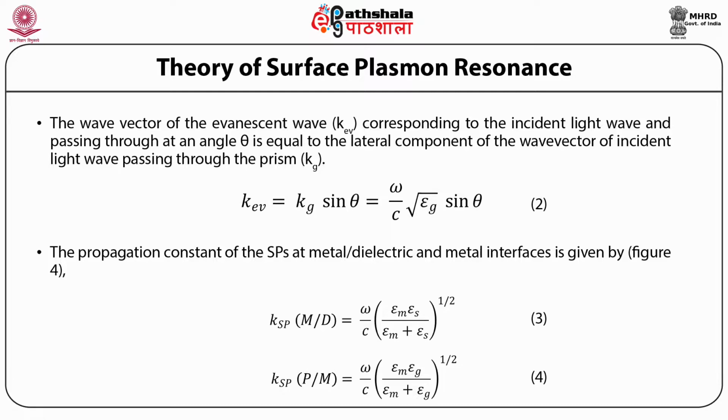All these are shown in the figure on the slide. Epsilon g is the dielectric constant of the prism. Epsilon s is the dielectric constant of the dielectric media.